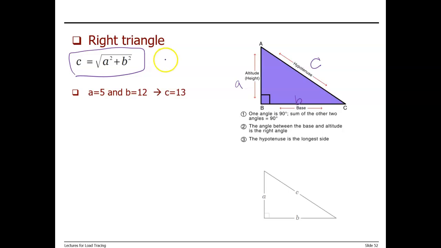So for example, if we have a triangle where this is 5 and this is 12, C is equal to the square root of 5 to the power of 2 plus 12 to the power of 2, and this gives us 13.